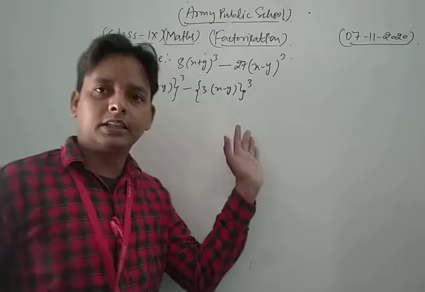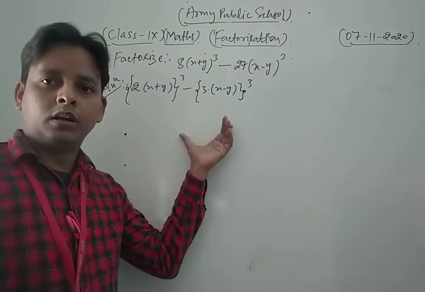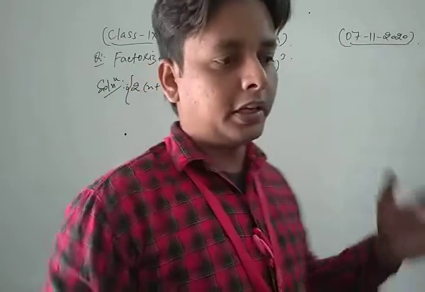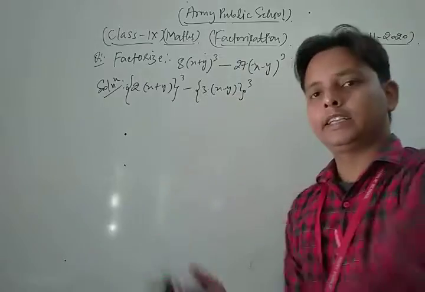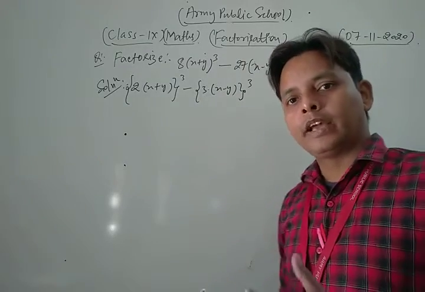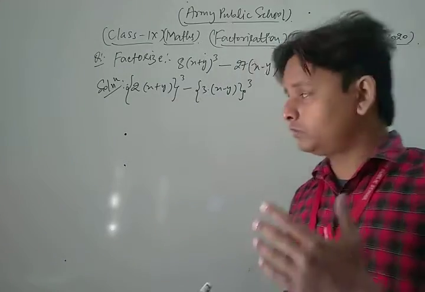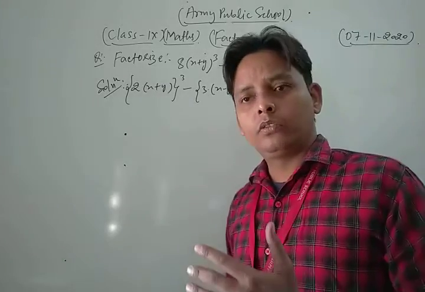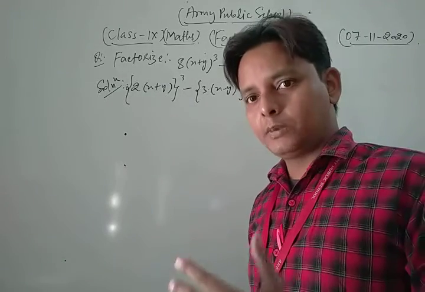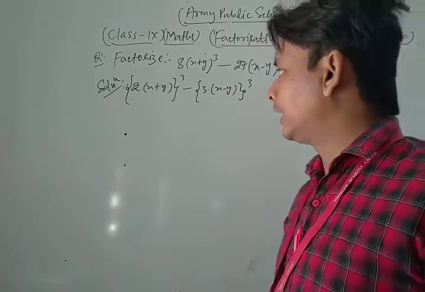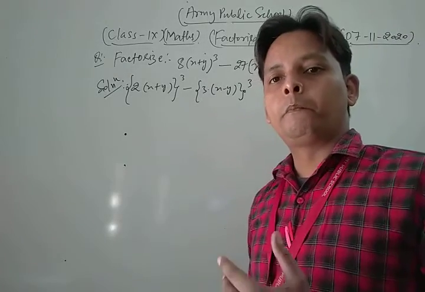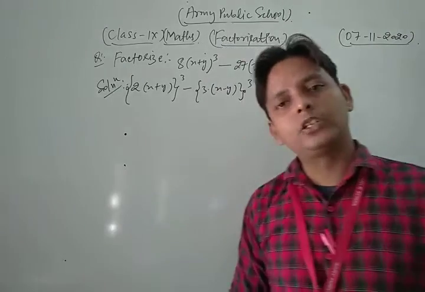First of all, we write the given question in this format, and you know that very well, dear students, a cube. Now this is the form of the identity a cube minus b cube, and you know that the identity or formula of a cube minus b cube is what? A minus b in one bracket, and in another bracket a square plus ab plus b square.